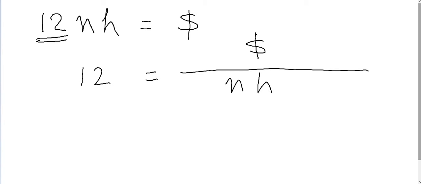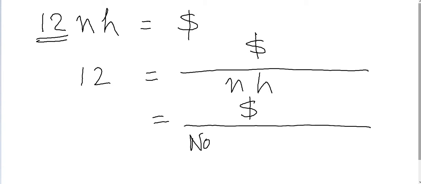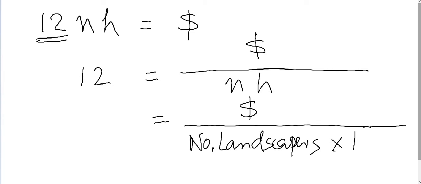And N times H, what do N and H stand for? N is the number of landscapers, and H stands for the hours.